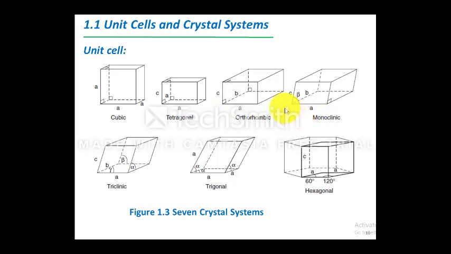In monoclinic, all of the lengths are unequal and one angle is also different. In triclinic, all of the lengths are unequal and all of the angles are unequal. In trigonal, one angle is unequal, and in hexagonal one angle is of 120 degrees. These are the 7 crystal systems.